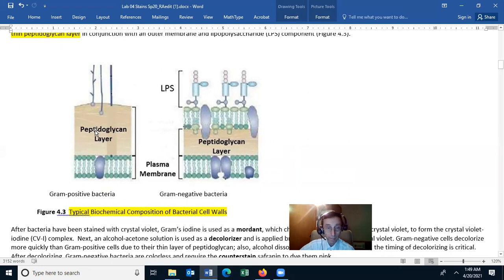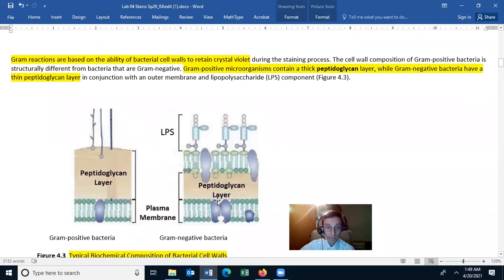It traps it and doesn't allow it to wash out of the cell wall in the decolorizing step. On the other hand, the gram-negative cells have a much thinner layer of peptidoglycan, and they also have a lipid outer membrane to the cell wall.